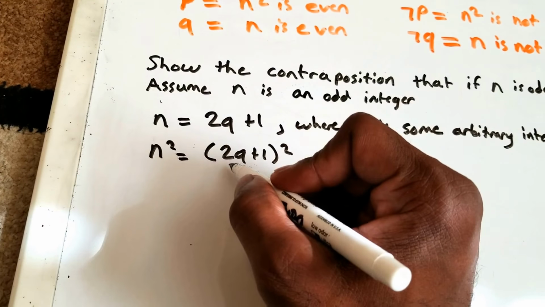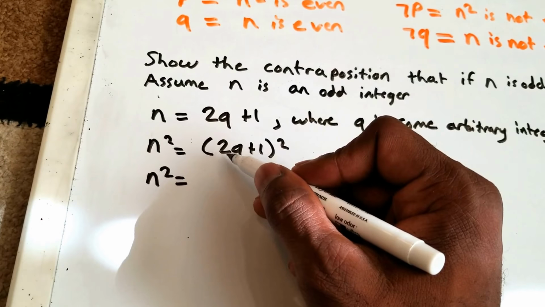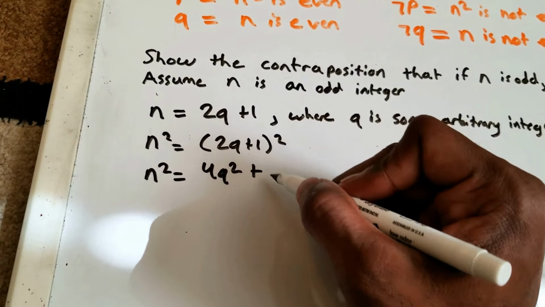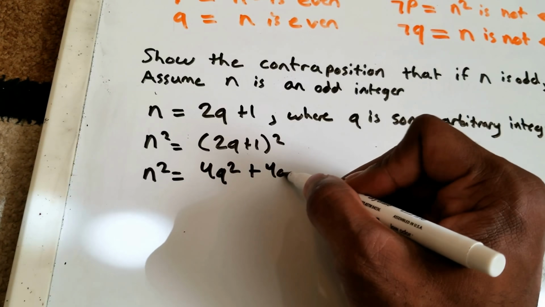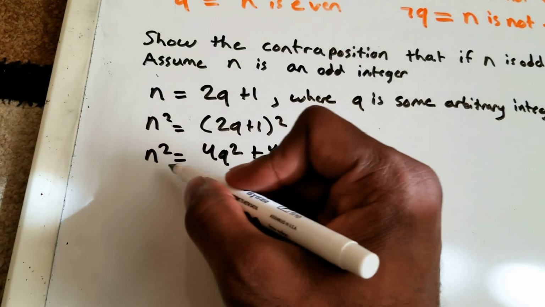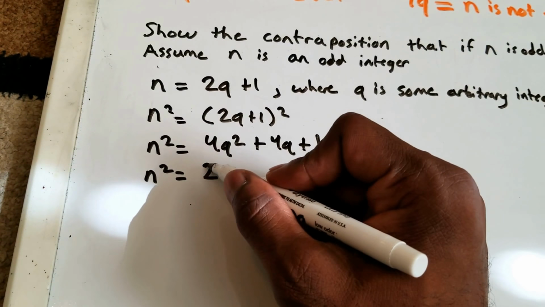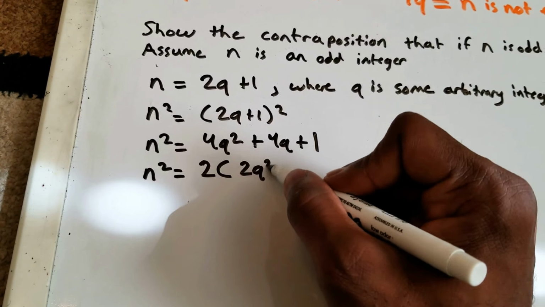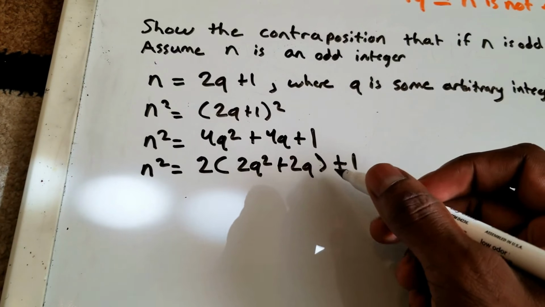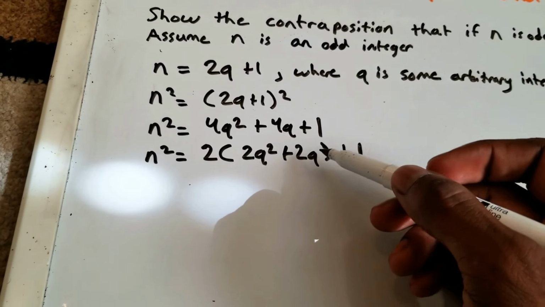Let's go ahead and write that out. Now n squared is equal to 2q times 2q, which is 4q squared, plus 4q plus 1. Now I'm going to pull out a factor of 2 here. So we have 2 times 2q squared plus 2q, plus 1. And again, q is still some arbitrary integer value.